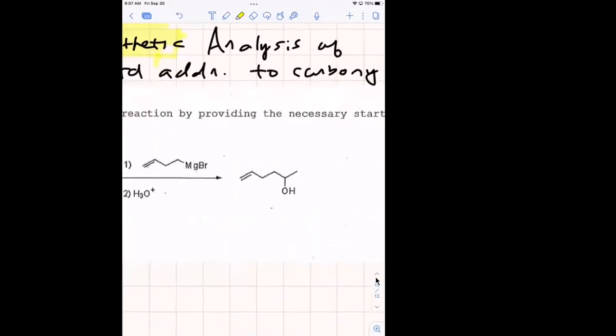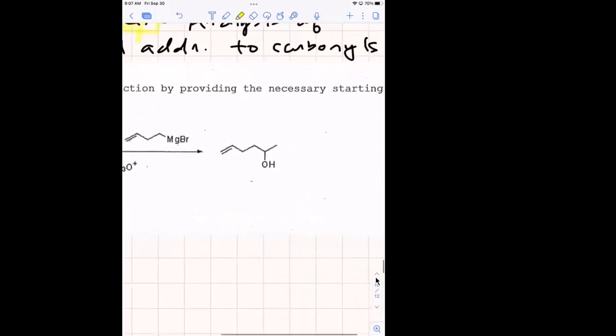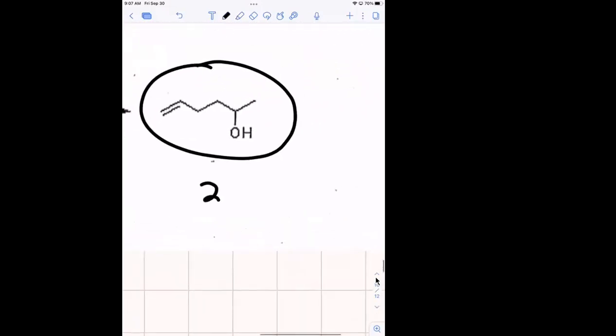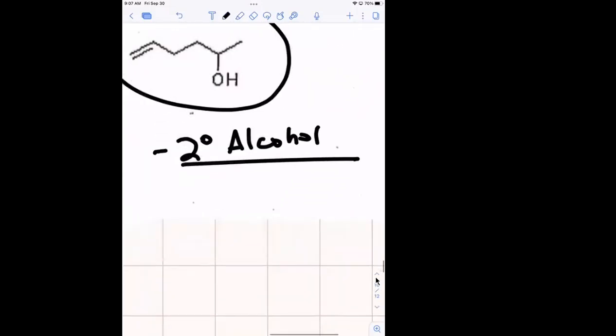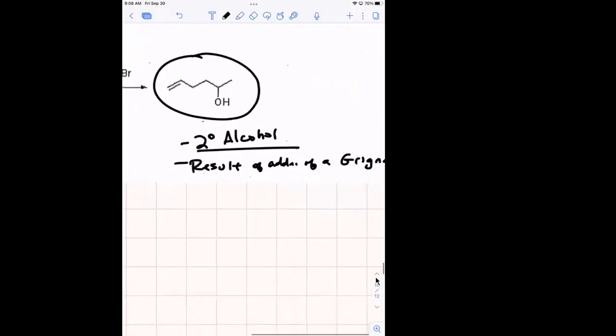So here, our product is a secondary alcohol, right? And it's the result of a Grignard addition. Right, so knowing that, there's a way to work backwards to the start materials.